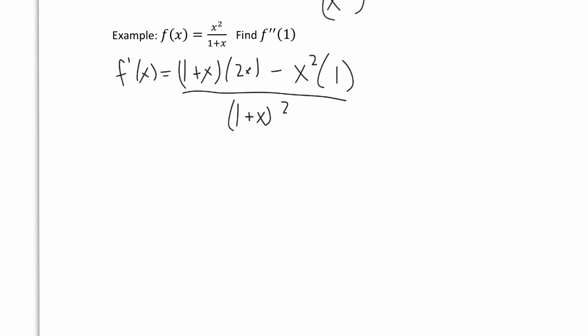Now it's nice to clean this up before we do the second derivative because we're going to have to do another derivative. So we want to try to clean this up if possible, simplify the algebra. So we've got 2x plus 2x squared when we expand that first one, minus x squared. And the bottom we can FOIL out as 1 plus 2x plus x squared.